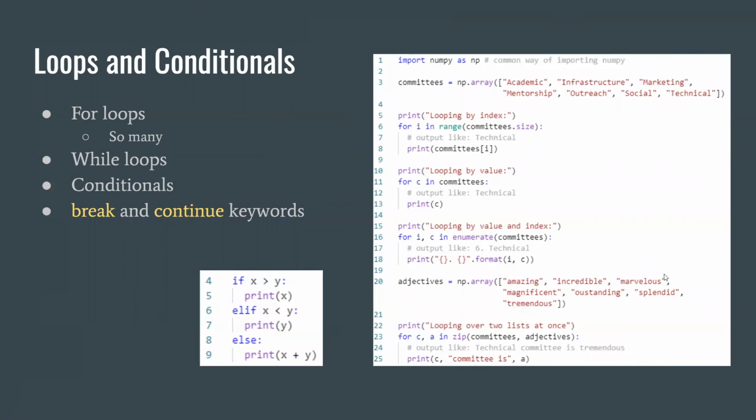Okay, so the next thing is loops and conditionals. This is a lot of the main part of how we use our code. One thing is for loops, and there are so many different ways to do for loops.